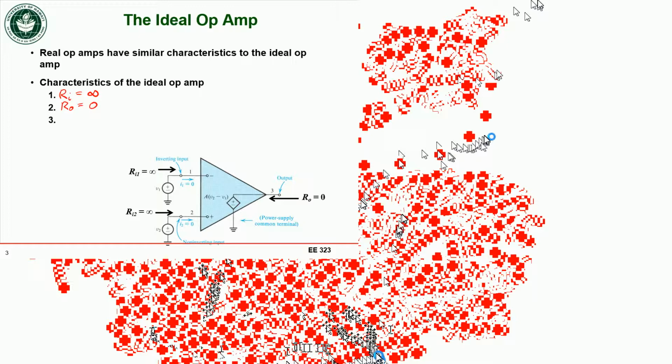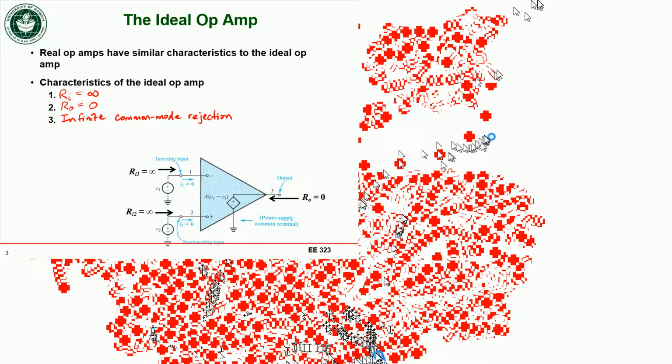The third property is something called common mode rejection, and the ideal op-amp has infinite common mode rejection.